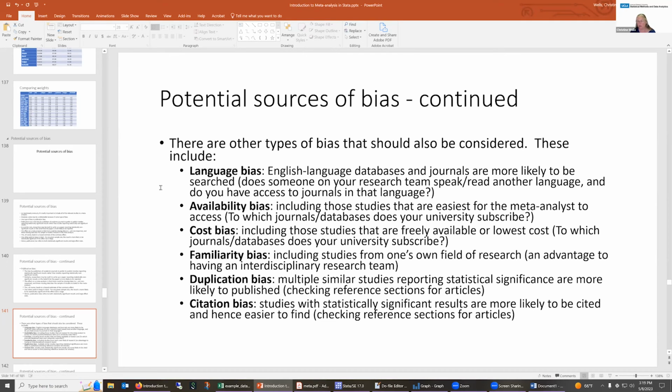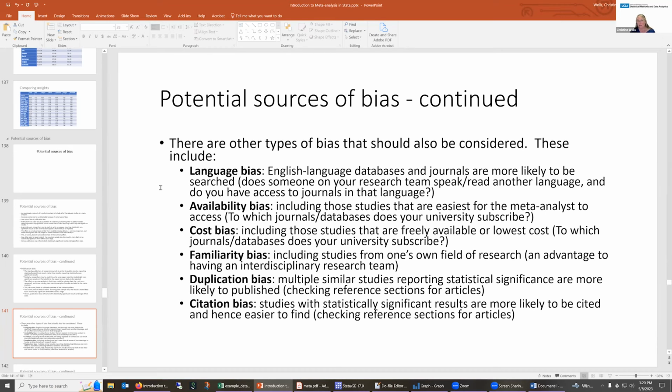They only had access to a few of them. And that was a major concern for them. They finally got some help from some folks in Europe, and everything ended up okay. But you have this problem even here in the United States. If you're working at a small private college, you probably don't have free access to all of the different electronic databases that, say, someone who works for the University of California has. So that availability bias is a real thing.